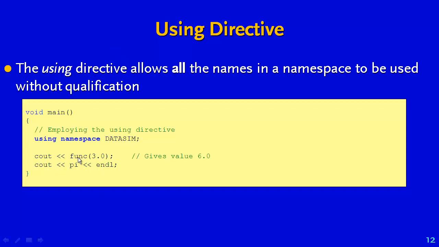So if I say cout func, I get the same values as before, but now I can print out my variable pi. Okay, so you get everything. It's maybe not what you want, because somebody else may have a pi which is even more accurate. But this is what you get. It's a bit dangerous because it may collide. If you're using different namespaces, the namespaces may have their own functions and variables which have the same name, in which case you get a compiler error because it's ambiguous.